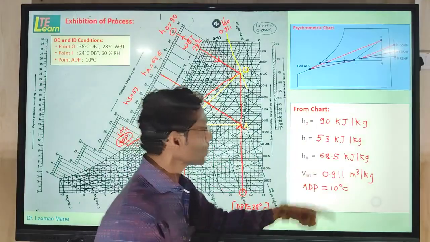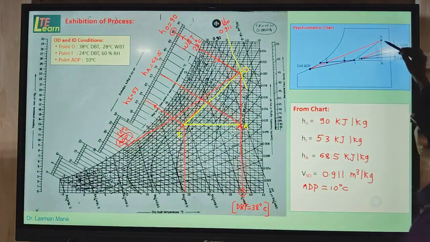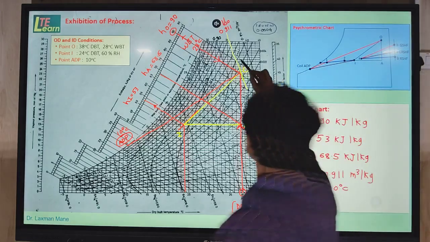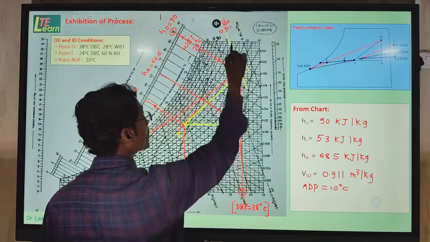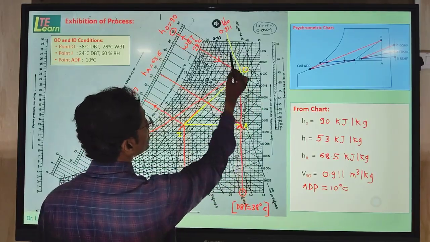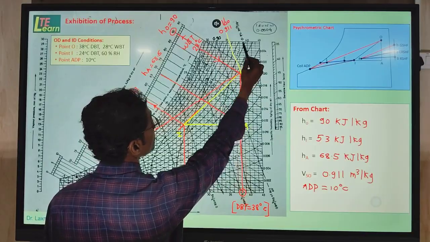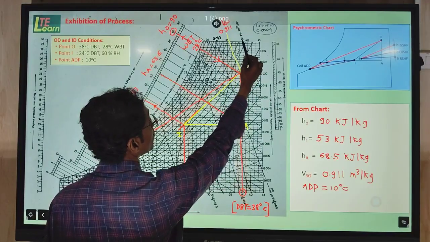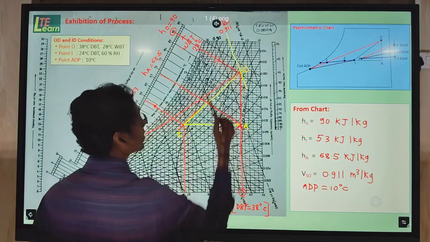We need in the numerical here to find the mass flow rate of outside air, m dot O. So for that we need the specific volume. To find the specific volume, this is point O. We draw this yellow line parallel to the specific volume lines. One specific volume line is here, 0.92, and here is 0.91.